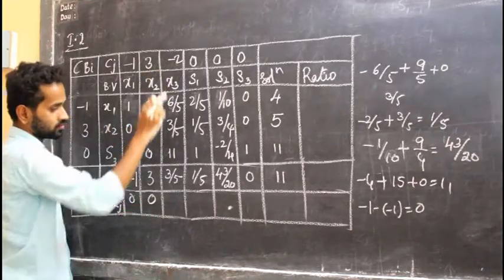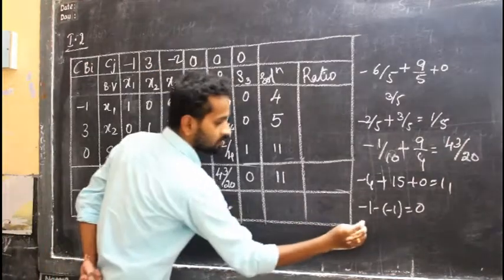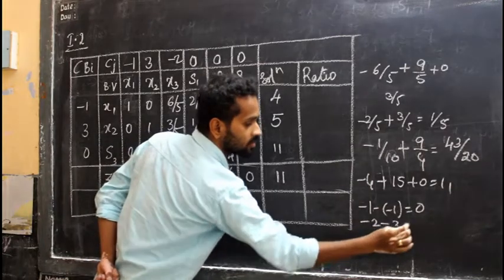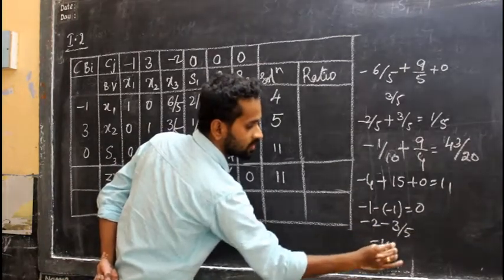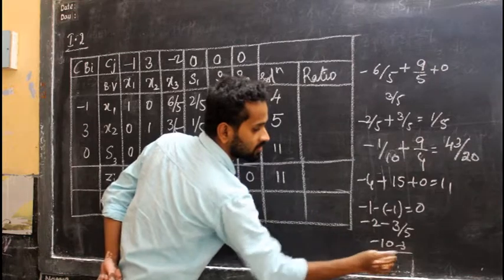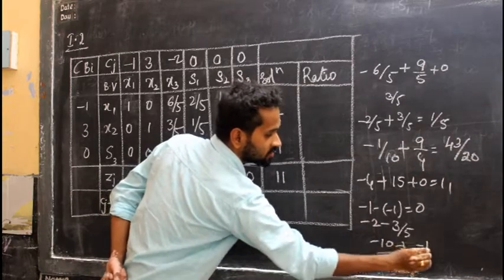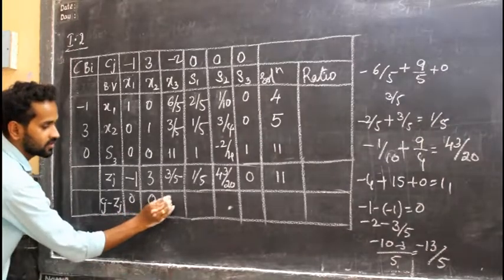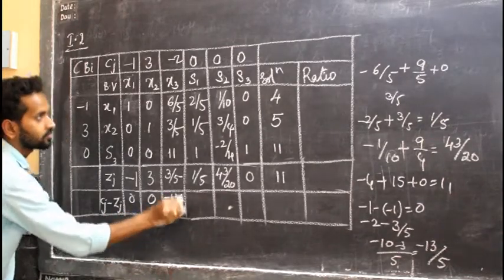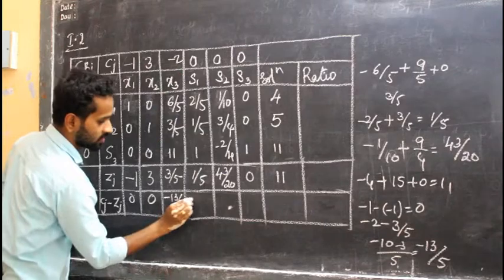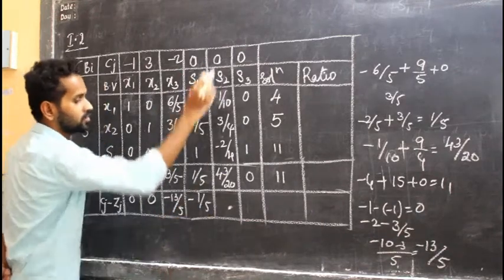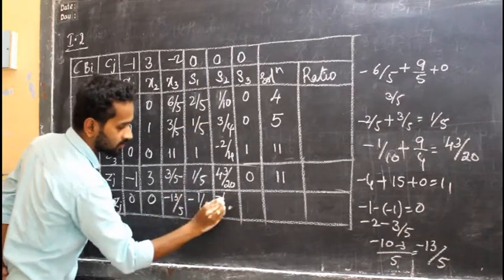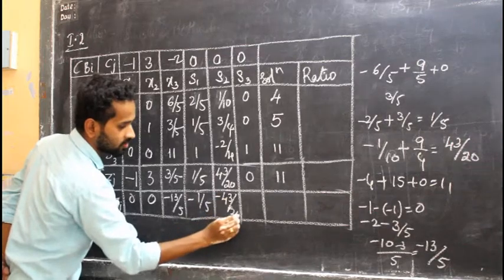Minus 2 minus of 3 by 5. This becomes minus 10 minus 3 divided by 5. This becomes minus 13 by 5. So you will be getting minus 13 by 5. 0 minus 1 by 5, minus 1 by 5. 0 minus 43 divided by 20, minus 43 divided by 20.